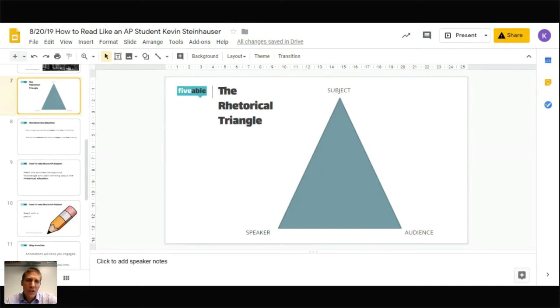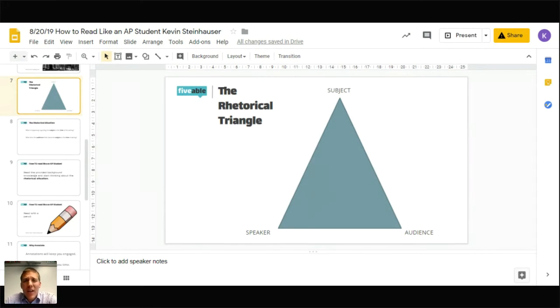But the rhetorical triangle basically says this. Think about the relationship between the subject of the work, the speaker of the work, and the primary or intended audience of the work. So sometimes you'll see arrows connecting subject and audience, subject and speaker, speaker and audience, because it's all about the relationship, the interconnectedness of these three key components of any text.